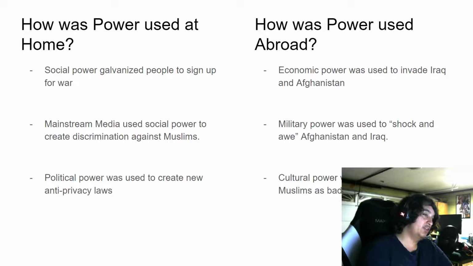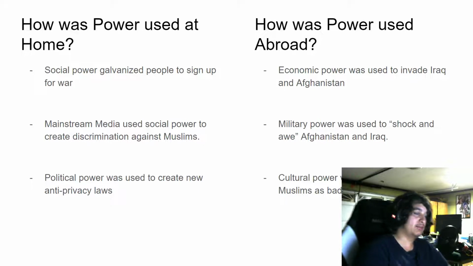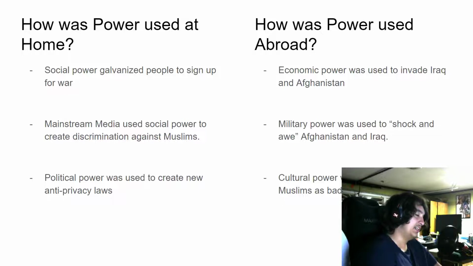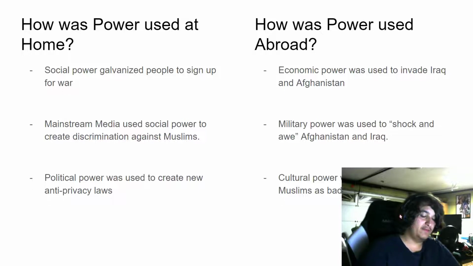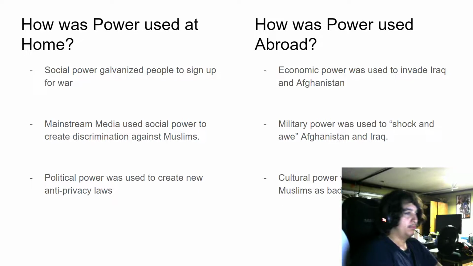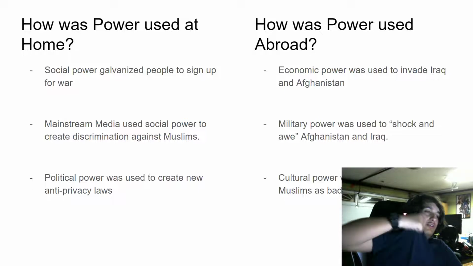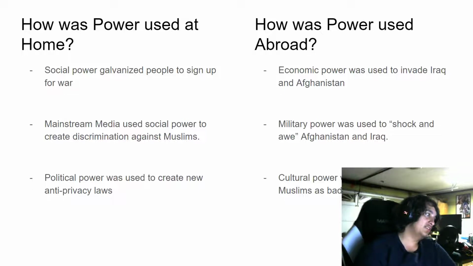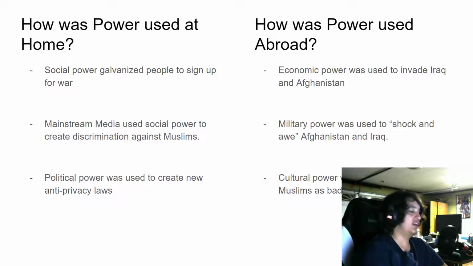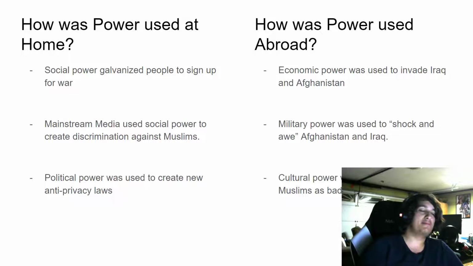Mainstream media used social power to create discrimination against Muslims because they were painting all of these people who follow Islam in a negative light, if you're one of them, you're a bad guy. Political power was used to create anti-privacy laws. Department of Homeland Security and the Patriot Act are examples of this, where they use this wartime speculation to allow the government to intrude on people's privacy more.